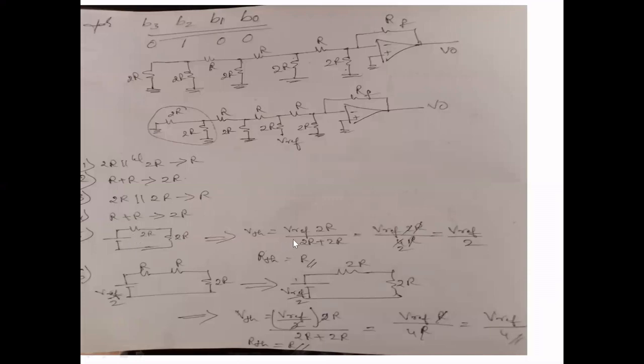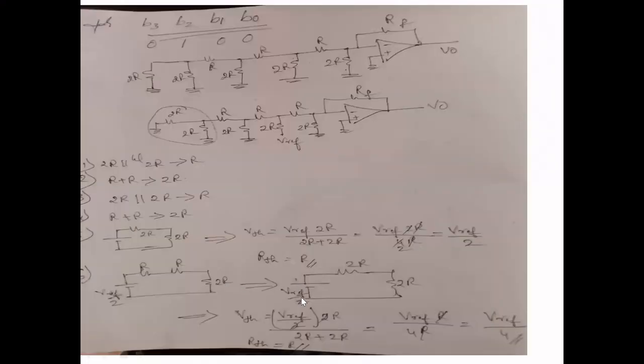So VTH, when you find out, is V reference into 2R divided by the sum of these two, you get it as V reference by 2. And this would be your input to this. Again, the circuit would look something like this. V reference by 2 would be your input voltage source, and R would be in series and in parallel with 2R.